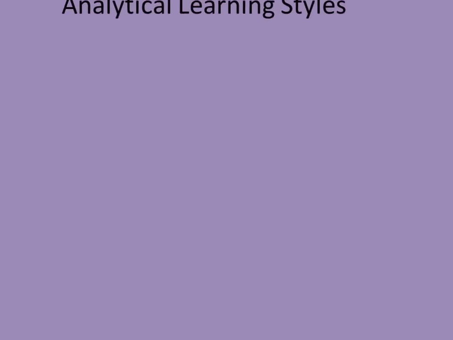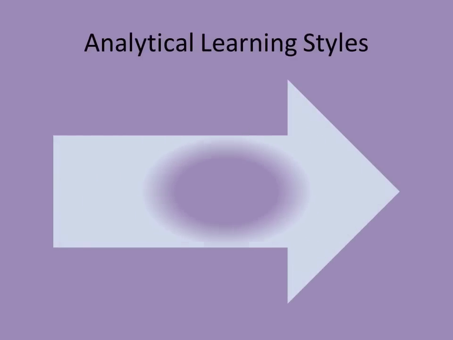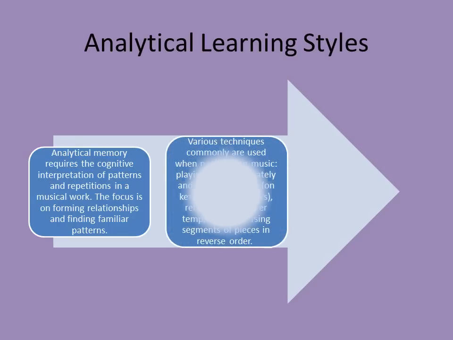From there, we go right into analytical learning styles. Analytical memory requires the cognitive interpretation of patterns and repetitions in a musical work. The focus here is on forming relationships and finding familiar patterns. Various techniques commonly are used when memorizing music.